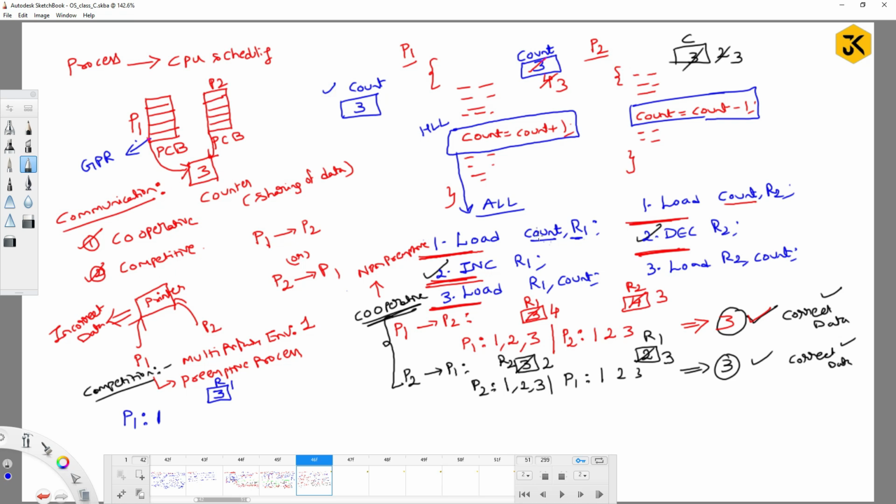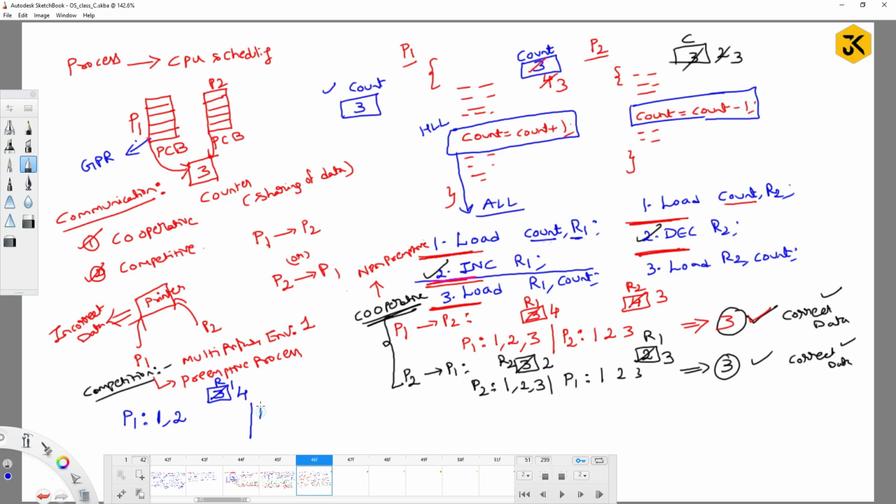Count value is 3. 3 will be loaded into R1. Good. Next, it will execute the next statement 2 when it is incrementing the value of R1, that will be updated as what? 4. Now assume that it has preempted here. Means after execution of statement 1 and statement 2, it has preempted.